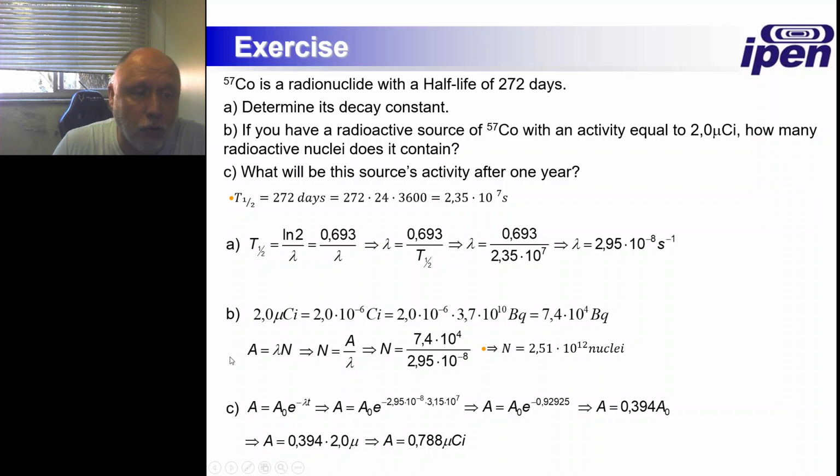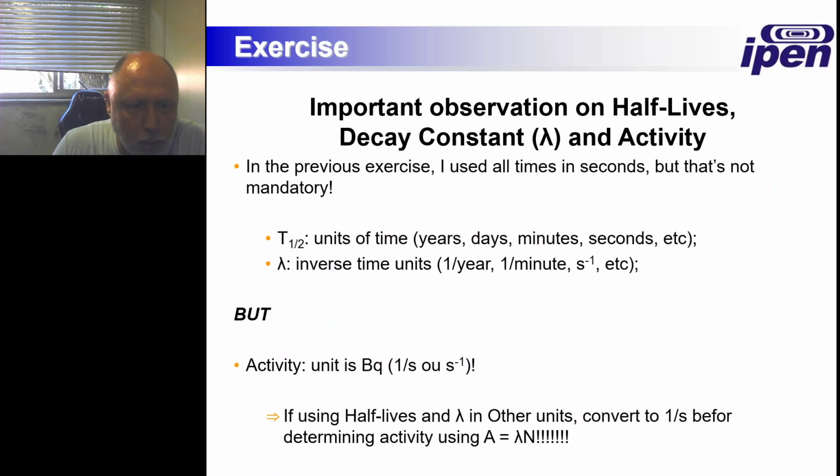But when you're talking about this equation here, activity related to a number of particles, you have to have the right unit here, otherwise your activity won't be in becquerel, it will be in something else. So this is important.